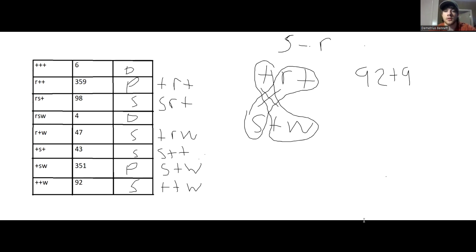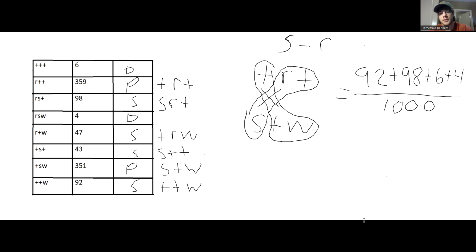But we need the total recombinants. That means you also need to account for the double crossovers, because when you do a double crossover, you do cross over in this area between the S and the R. So you also need to add in our double crossovers, which we had 6 and 4 of, so 10 of them. Then you divide that by the total number in your population, which is 1,000 in this case. This is going to give you the recombinant frequency.